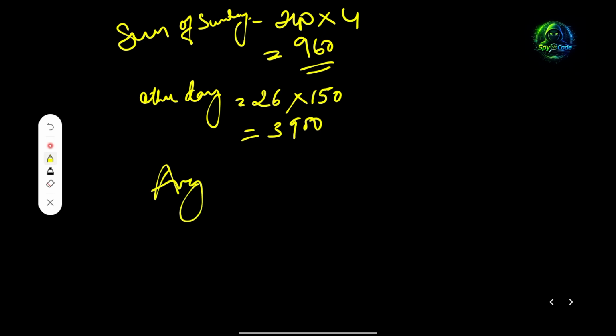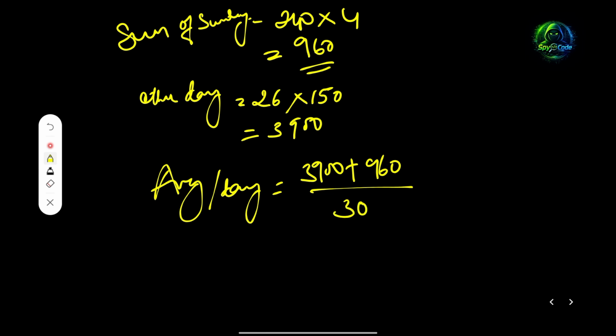So average visitors per day are 3900 plus 960 divided by the total number of days, 30.